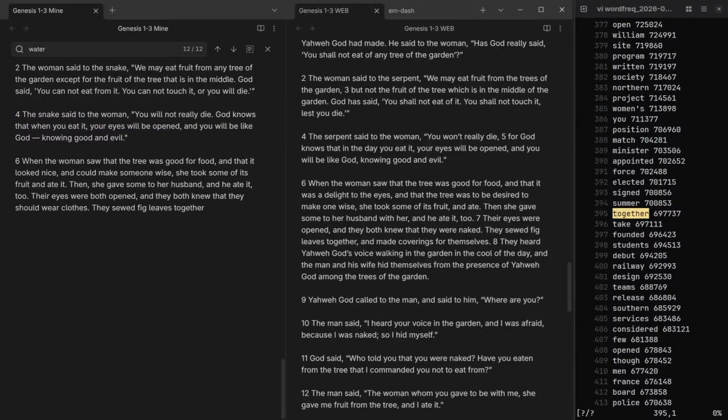They sewed fig leaves together and made coverings. I could just say clothes or sheet. The original is a belt, an apron.